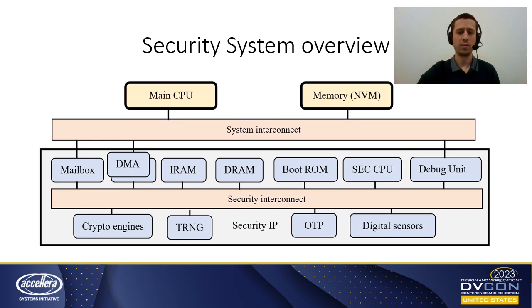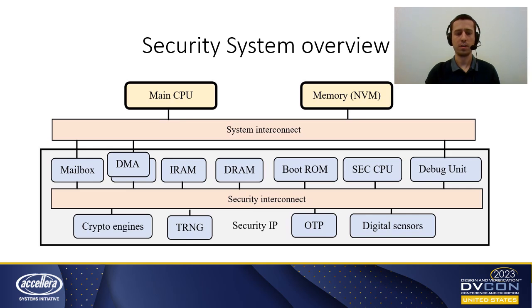It also has a mailbox, which is used to get instructions and manage them from the main CPU. It also has two DMAs, which are used to transfer large amounts of data. It also has a debug unit, which is very important and through which the main CPU can access the complete address space of the security unit.